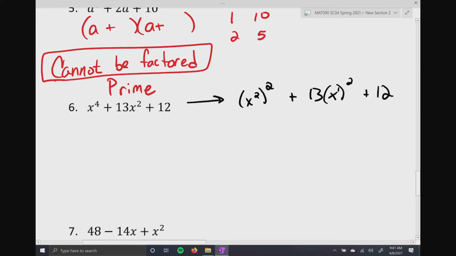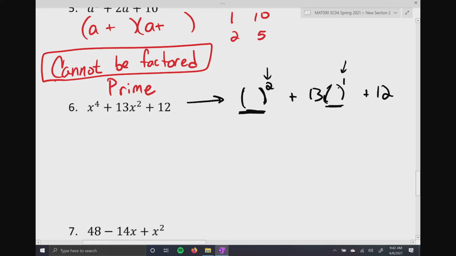In other words, x to the 4th plus 13x squared plus 12 can be factored. It actually has the form that we need. Because if you think about this, I have something raised to the 2nd power, and something raised to the 1st power.